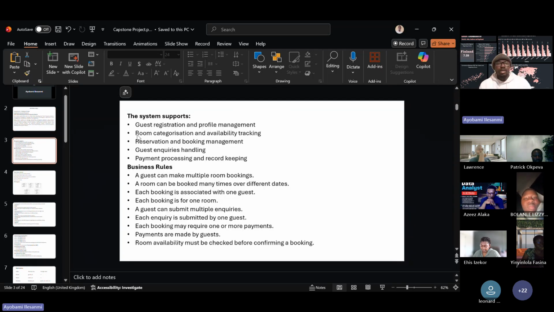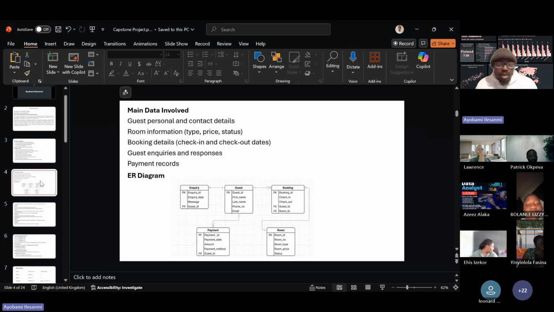So the next one is the system support. These are the things that the system entails, which is guest registration, room categorization, reservation, guest inquiries, and payment process. And we have business rules, which is stated here up here. And this is my ER diagram.